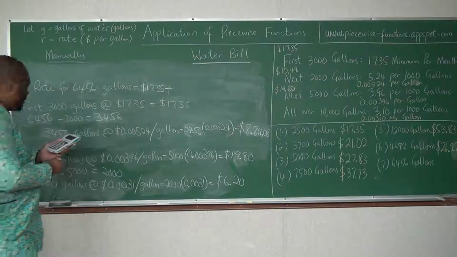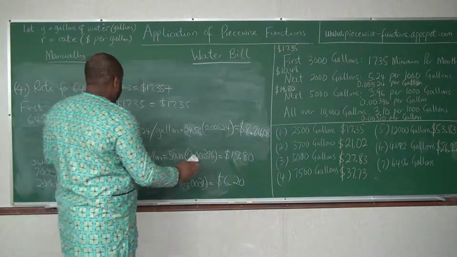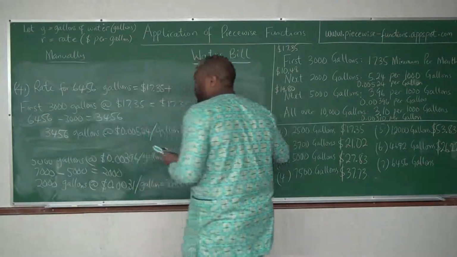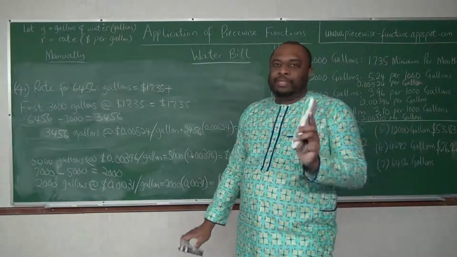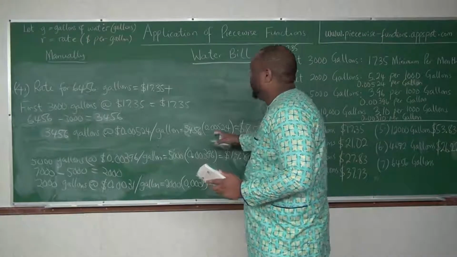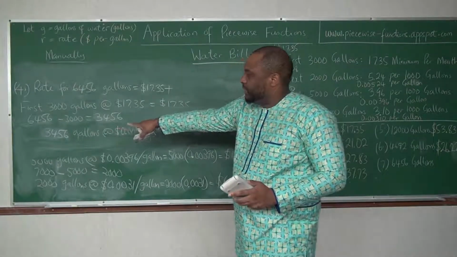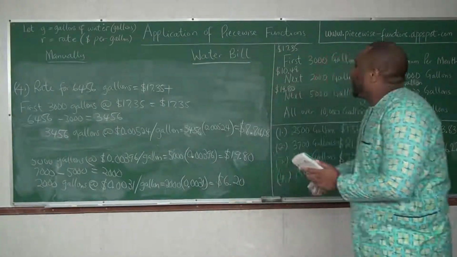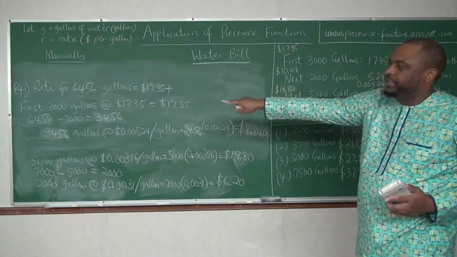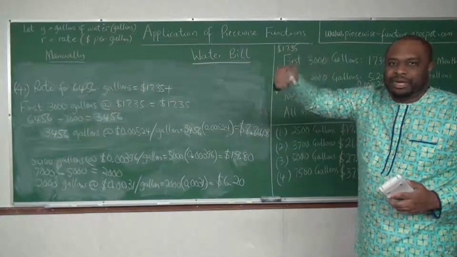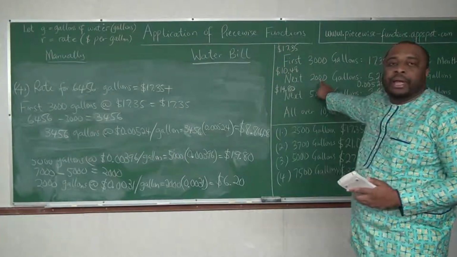So it gives us... now I'm sorry. No, this is 3,456. Okay, so it comes in the next 2,000 gallons because 3,456 is more than 2,000. Are you with me?